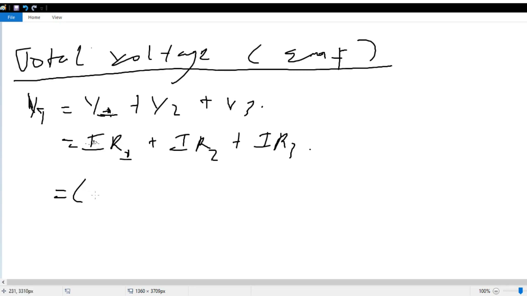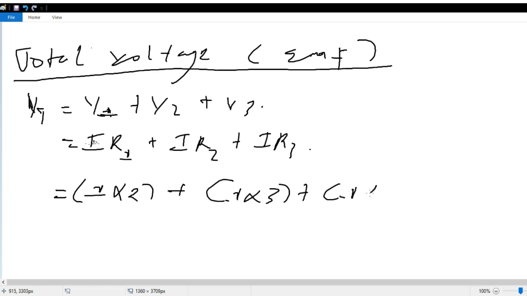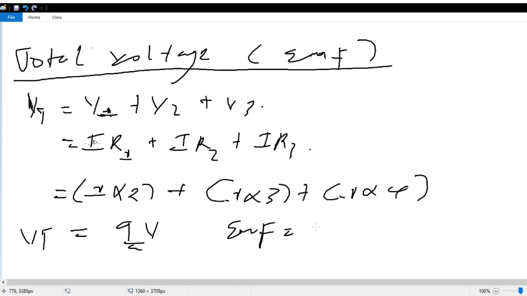Our current is the same. We're going to say 1 multiplied by 2, which is resistance 1, plus 1 multiplied by our resistance 2, which is 3, plus 1 multiplied by 4. And if you find your answer, this will be in volts. So that's the formula that you use. And we know that total voltage is also referred to as electromotive force. So you can also say our electromotive force there is 9 volts.